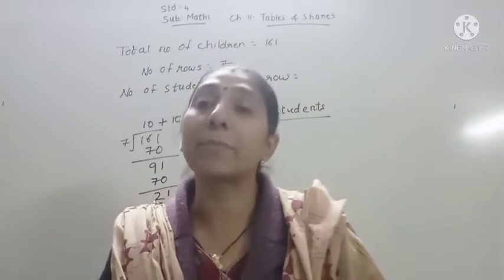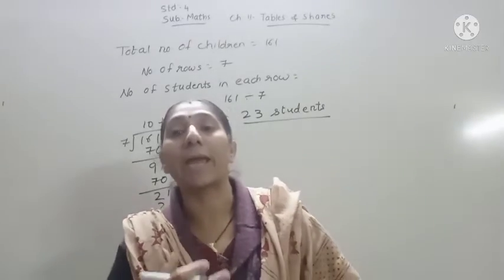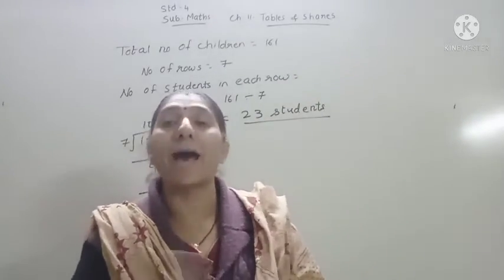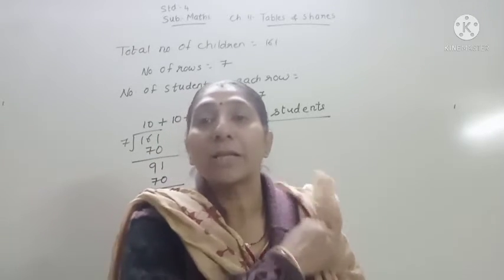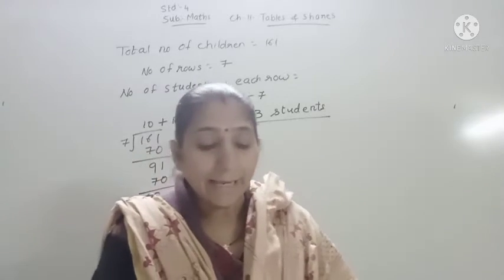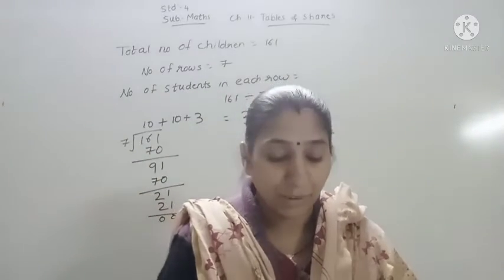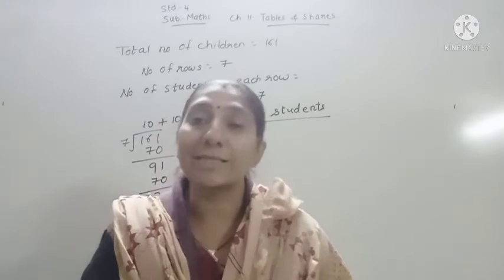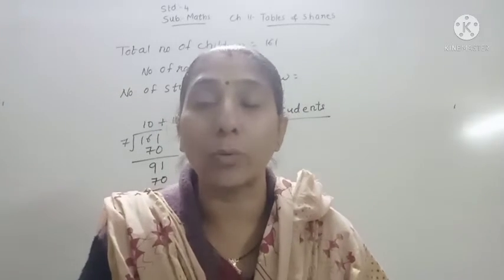Now some information is given to us. We have to form the question. What is given here is that there are three crates, 3 boxes in which we put the bottles. Each crate has 24 bottles in it. So with the help of this information, what question can you form?